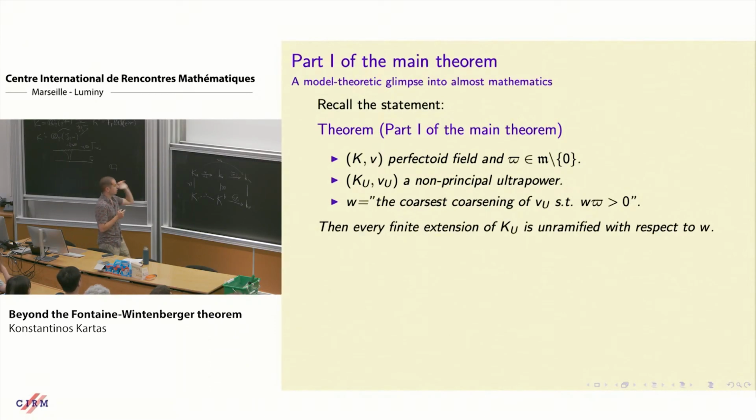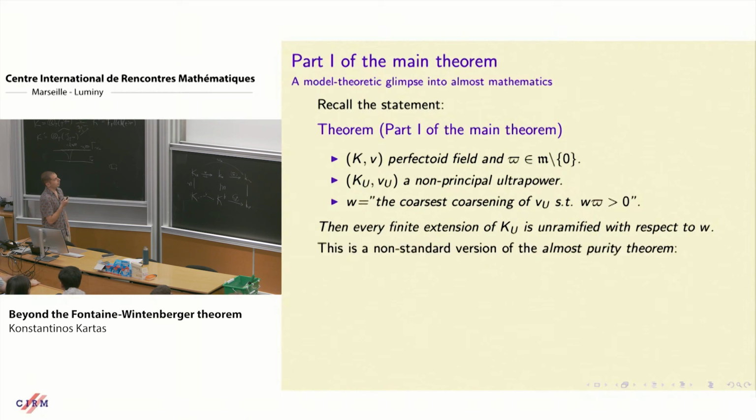So every finite extension comes from the residue field. Okay, so I will try to explain in the next few minutes that this is essentially a non-standard version of the almost purity theorem, and more precisely over perfectoid valuation rings.